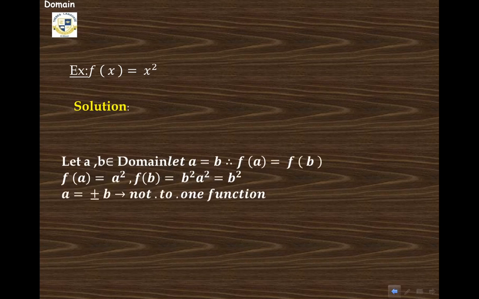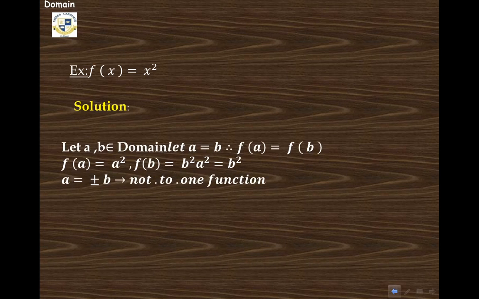Another example, f of x equals x squared. Take care, the function is an even function, therefore it is not a one-to-one function. Let's start to prove that the quadratic function is not a one-to-one function. Let a and b belong to the domain.